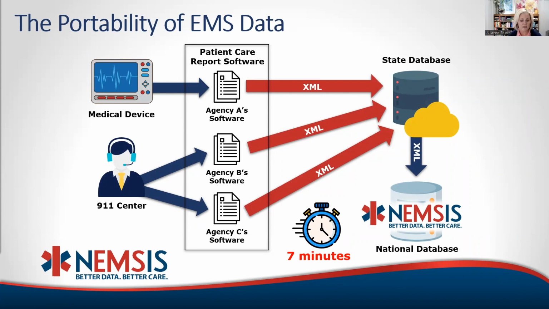A lot of it is hand entered by the clinician in the field doing the patient care. All of that information populates that patient care report and it gets sent to the state. The state collects a big set of the data that is generated in the field, and then that state submits it to NEMSIS, and they submit just a little bit smaller data set than what they've collected.